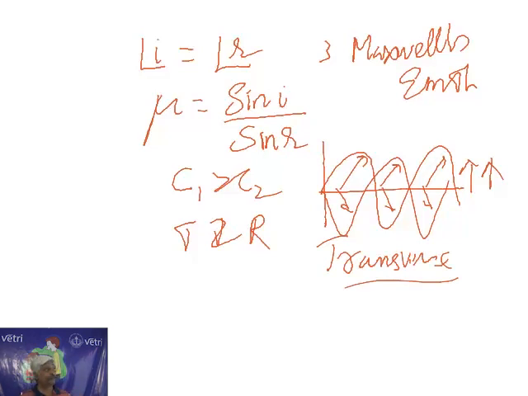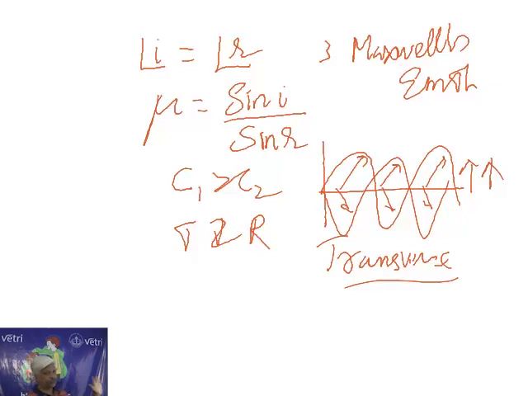According to Maxwell's theory, light is transverse in nature, not longitudinal. These two problems were immediately solved by the scientist Maxwell. Hence, Maxwell's theory is the latest theory also. So light rays are transverse in nature and also they are electromagnetic waves.